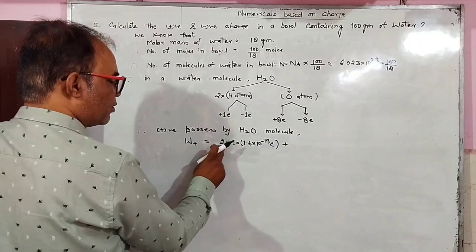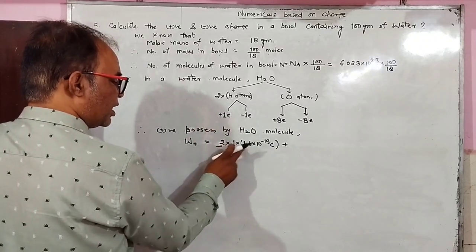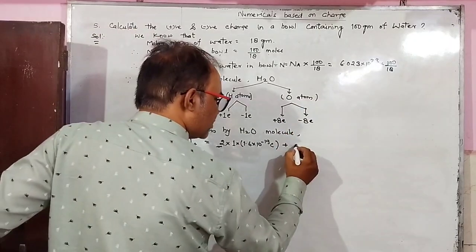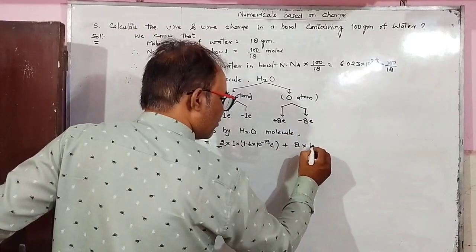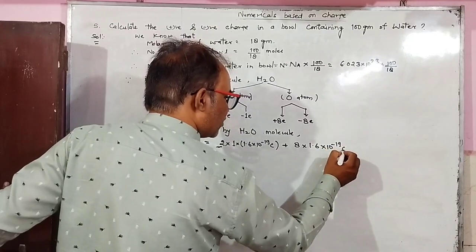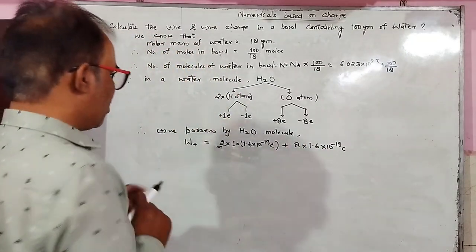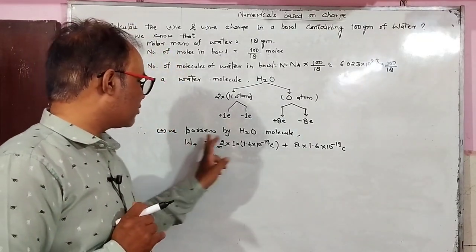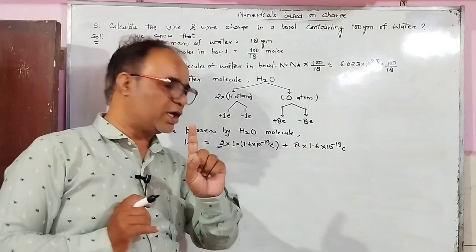So 2 into 1, that is 1 into electronic charge, plus 8 into 1.6 into 10 to the power minus 19 coulomb. Now here we are just calculating the total positive charge in water molecule.